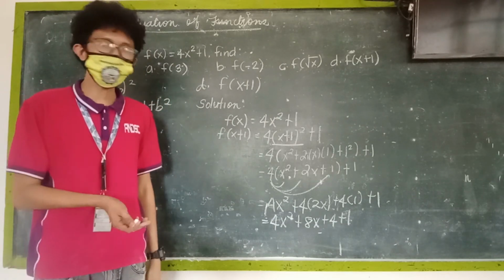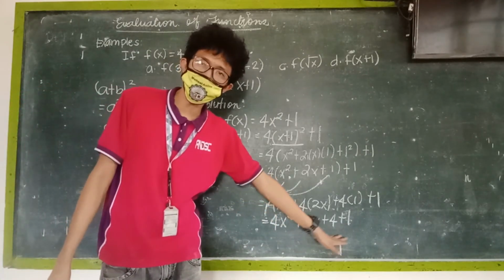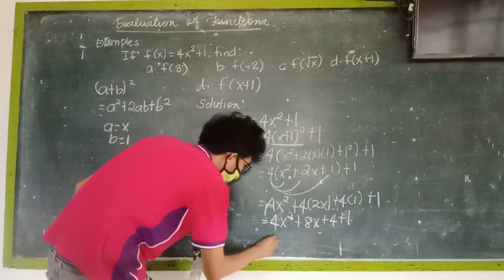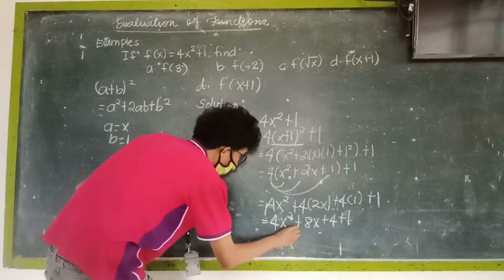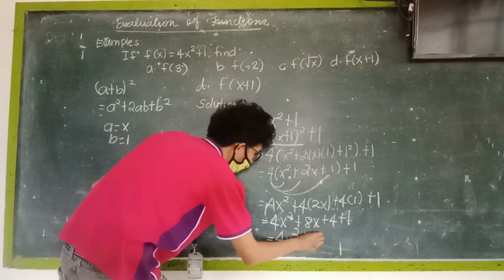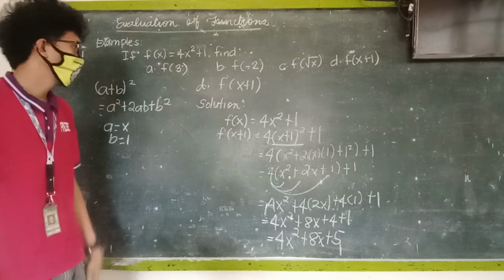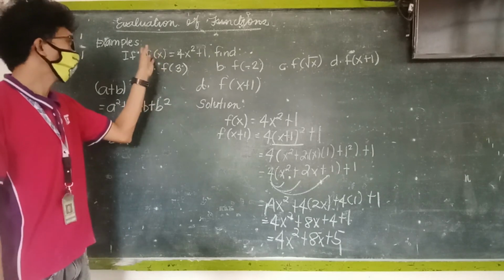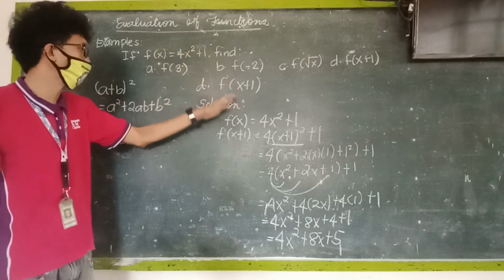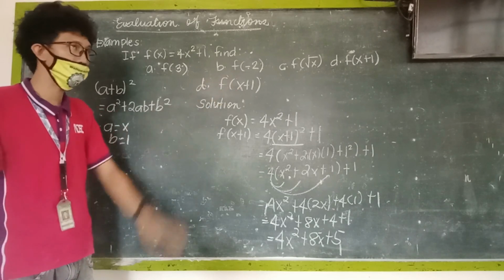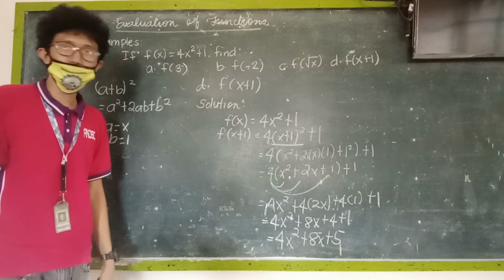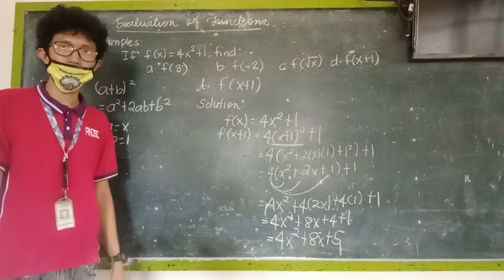Now, to combine like terms, i-combine na lang natin yung 4 at saka yung 1. To get the final answer, we have 4x squared plus 8x plus 5. Therefore, in evaluating f of x is equal to 4x squared plus 1, given that f of x plus 1, we have 4x squared plus 8x plus 5.